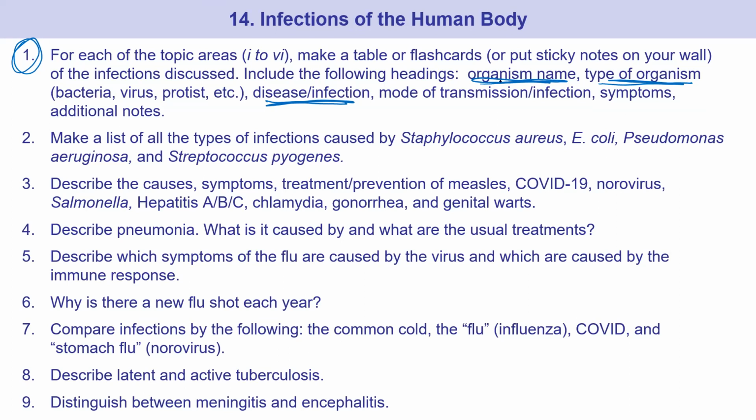And then usually there's some other information about them that's relevant, like mode of transmission. And then the ones that have come up repeatedly, those are the ones you want to flesh out and have a whole bunch of other notes around. So I just wanted to clarify that for everybody, and hopefully that helps to focus your studying a little bit.